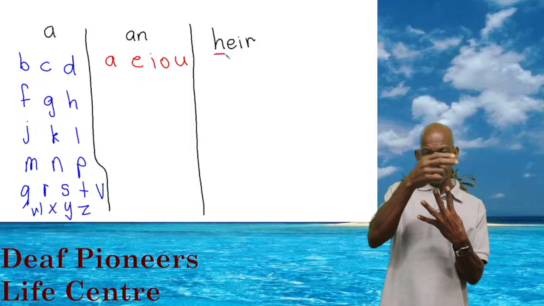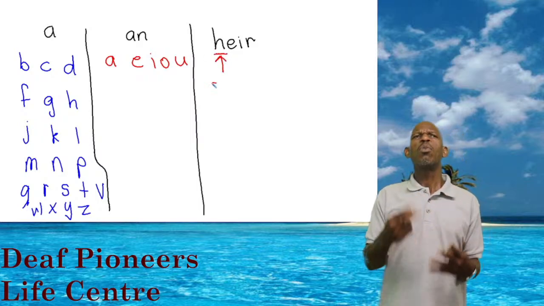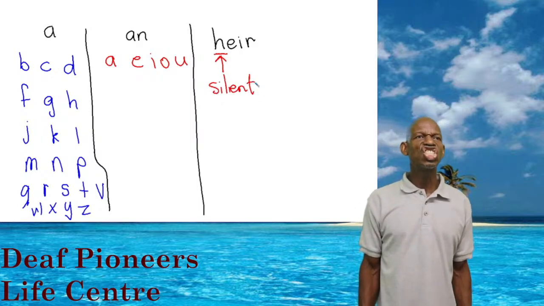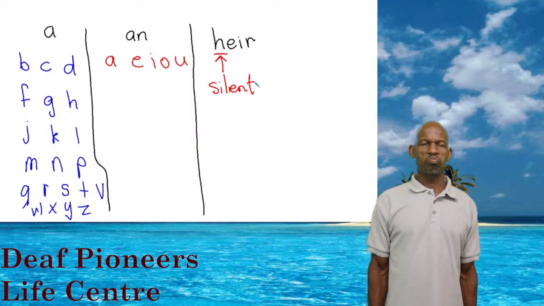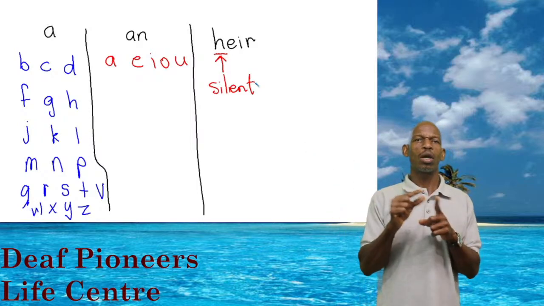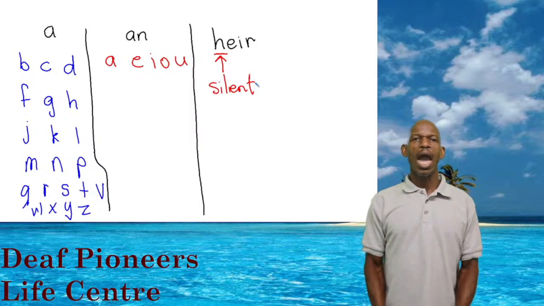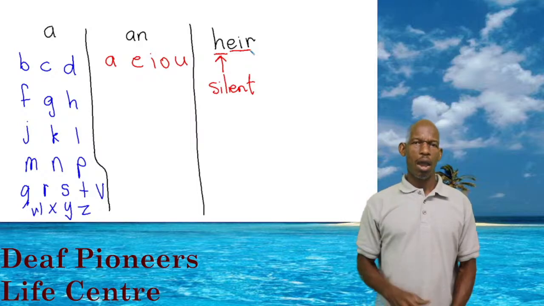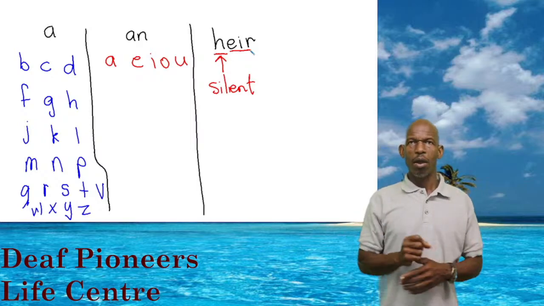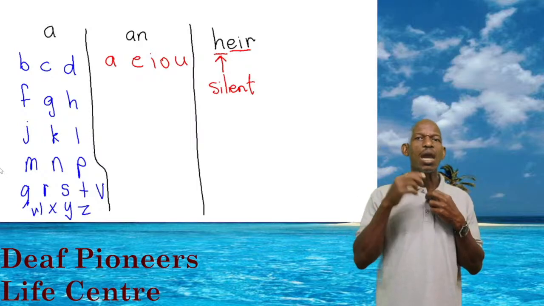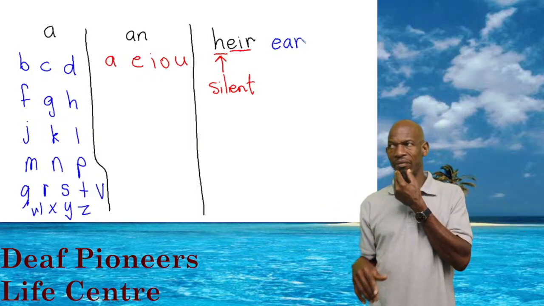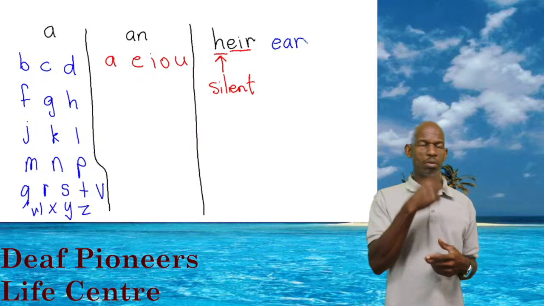This letter H is silent. It is quiet. It doesn't make a sound. So when you are saying this word, you are already saying this part of the word. And it sounds like air. It is pronounced the same way as this word, the air that you have on part of your body.